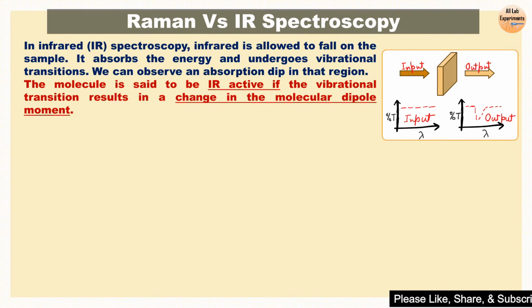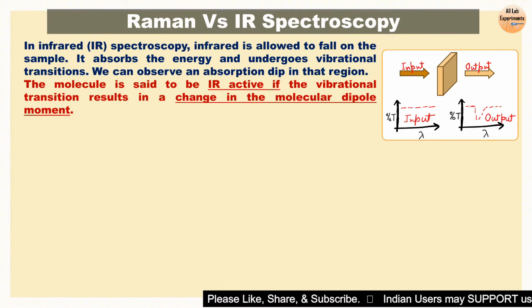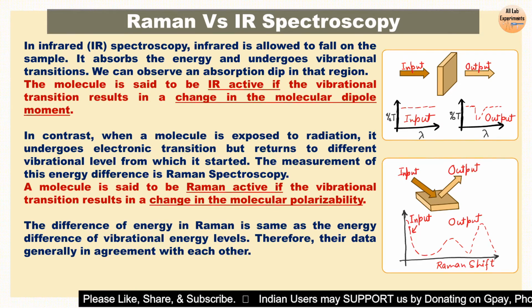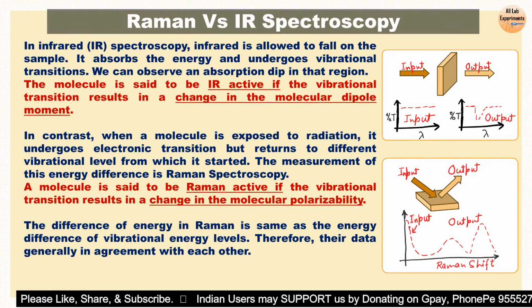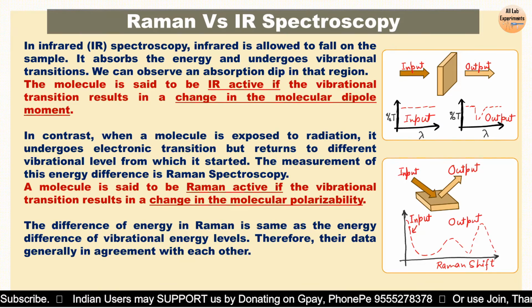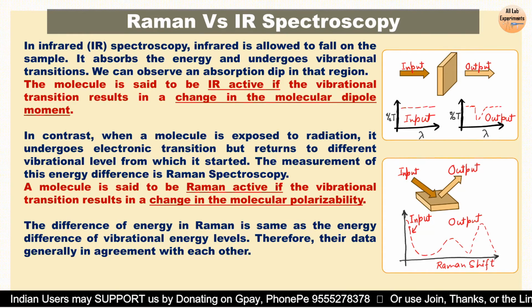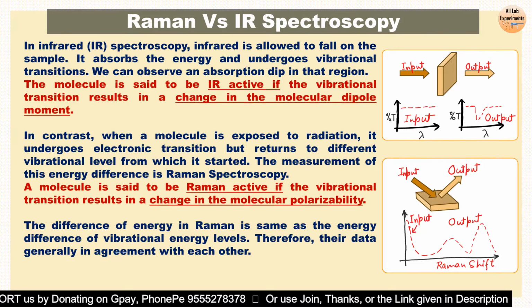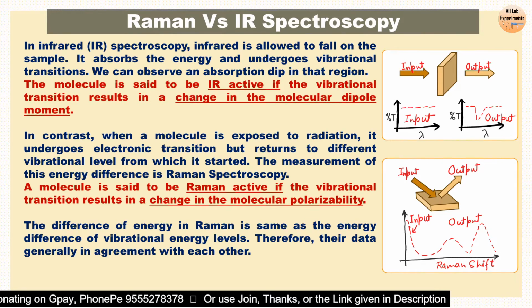A molecule is IR active if a vibrational transition results in a change in the molecular dipole moment. In Raman spectroscopy, we shine some light on the material, it scatters some light, and out of the scattered light we observe only Stokes light. With respect to the incident light, we observe only that change, which is why it is also known as the Raman shift.